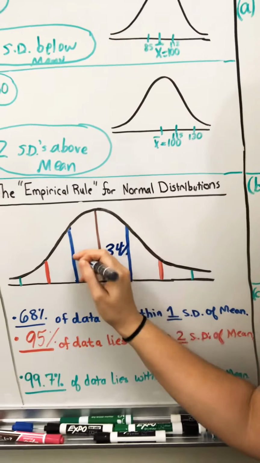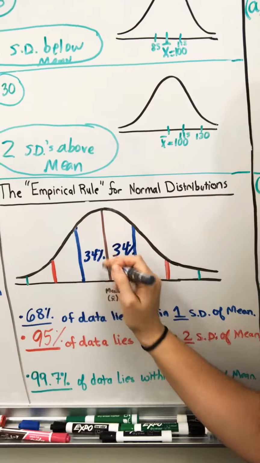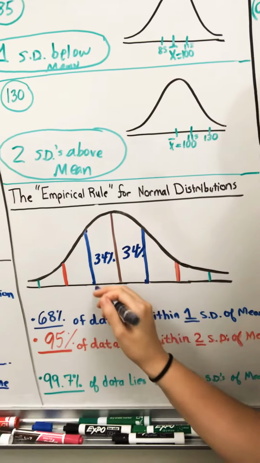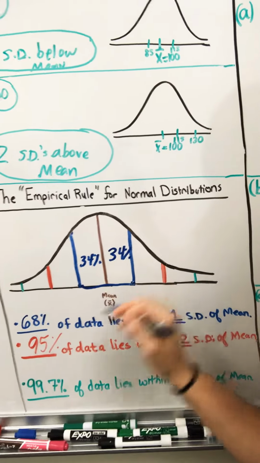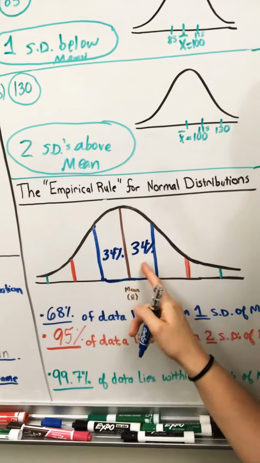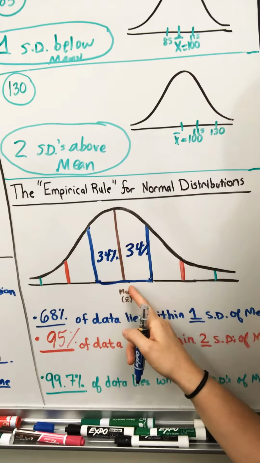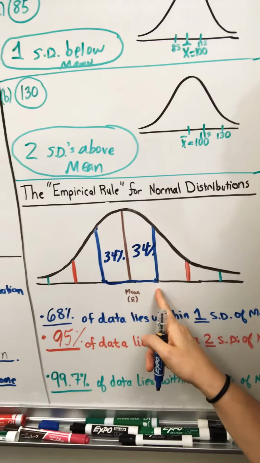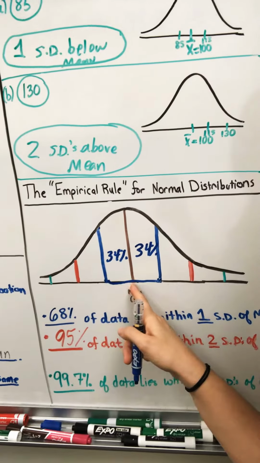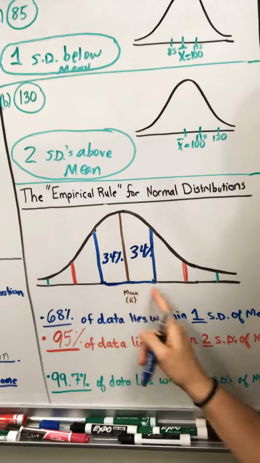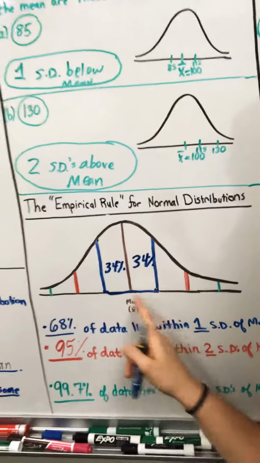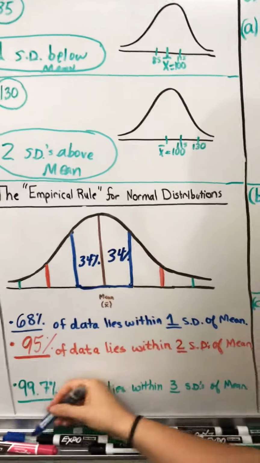So we'd have 34% in each piece here, because 34 plus 34 is 68. So there's that 68% we're talking about. 34% would be between the mean and 1 standard deviation above, and 34% would be between the mean and 1 standard deviation below. Or 68% is within 1 standard deviation of the mean.